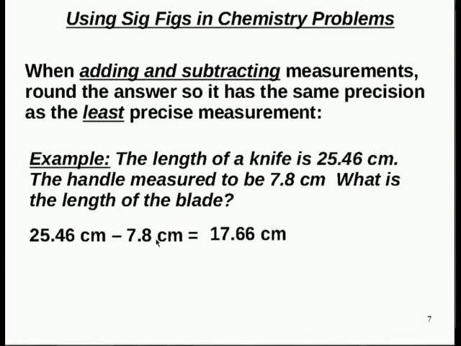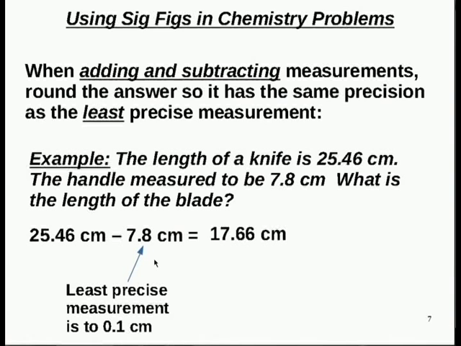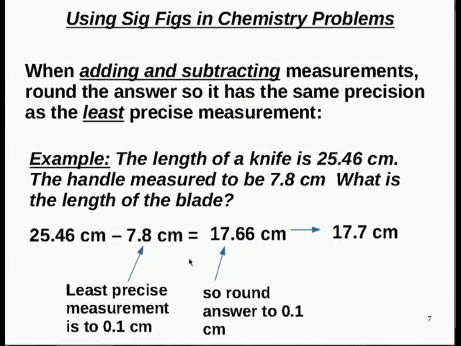It could have been, but we don't know. And so I can only report my answer to the least precise place, which is the tenths place when I'm adding and subtracting. So I have to round it to the tenths place, and so I have to say that the length of the blade, according to the measurements that I've been given, is 17.7 centimeters.